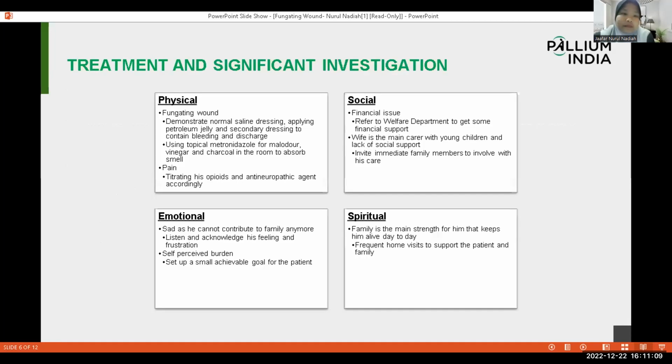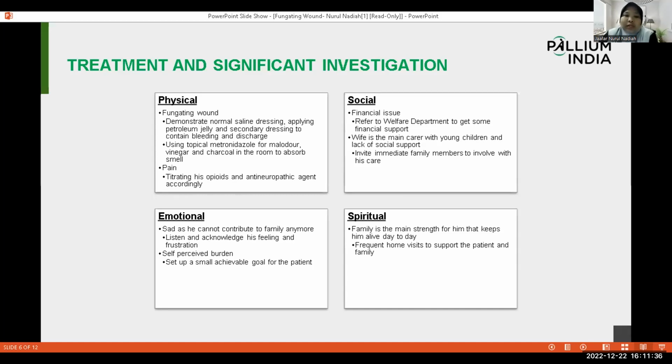Next. In terms of the treatment and the significant investigation done for the physical part for the fungating wound, what we did is to demonstrate again to the wife how to do the normal saline dressing, and also applying the Vaseline, the petroleum jelly, in order for the dressing not to stick to the wound and cause contact bleeding.